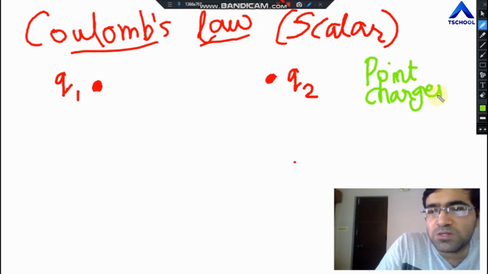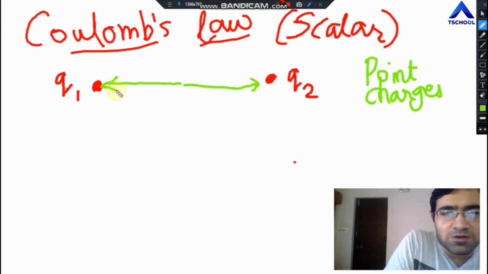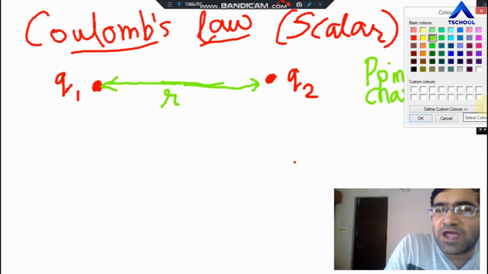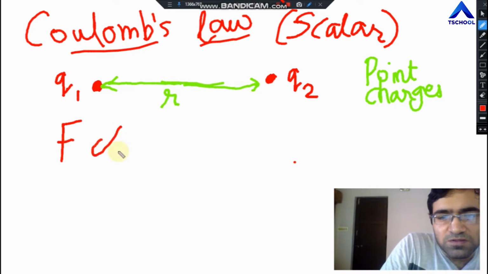So let's say there are 2 point charges, separated from each other by a distance r, and there is vacuum over here, there's no gas or anything else, right? Then according to Coulomb's law, the force magnitude acting between these two point charges is directly proportional to Q1 into Q2.